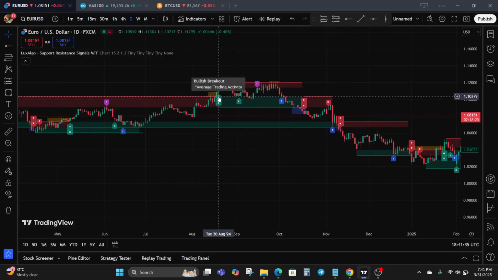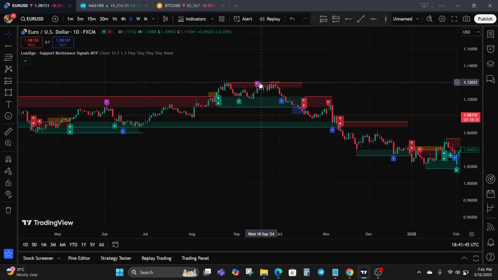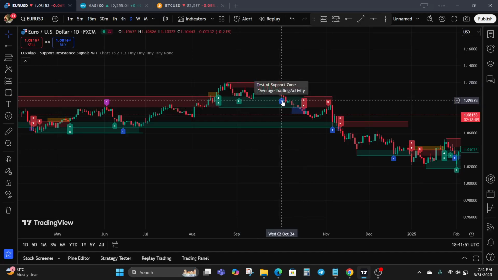Can you see the bullish breakout? The indicator highlights that there was a bullish breakout, average trading activity. And after that breakout, you can see that here another resistance was formed. And then here we can see that price tested the support zone. Can you see that the indicator is even giving labels?